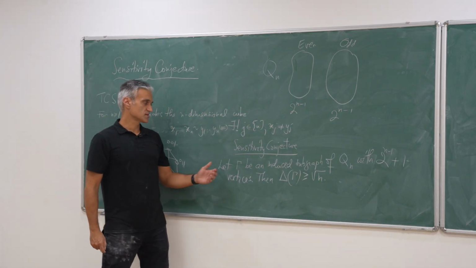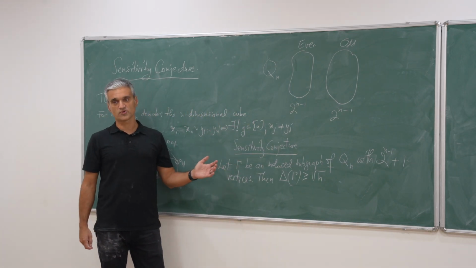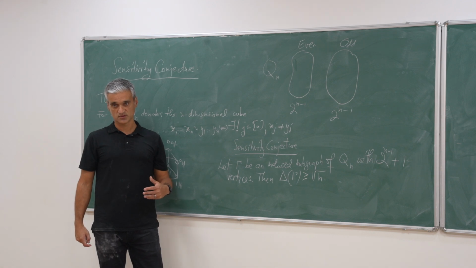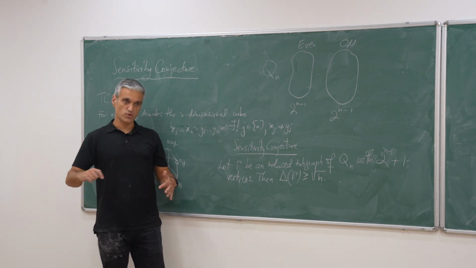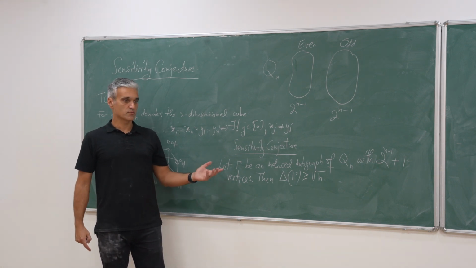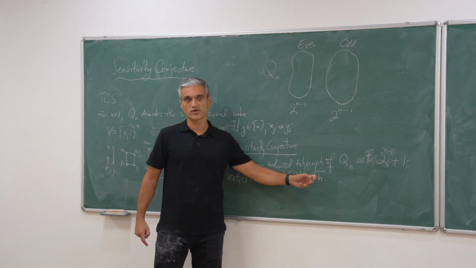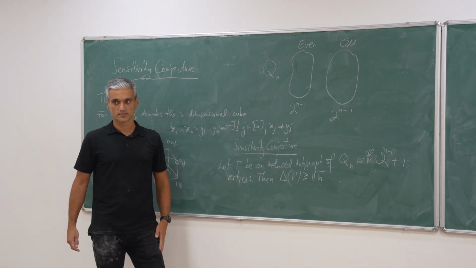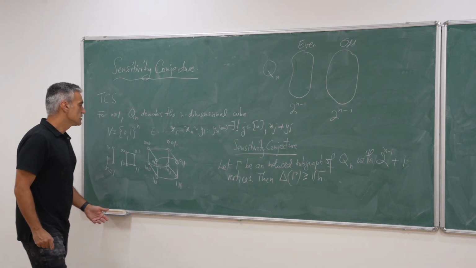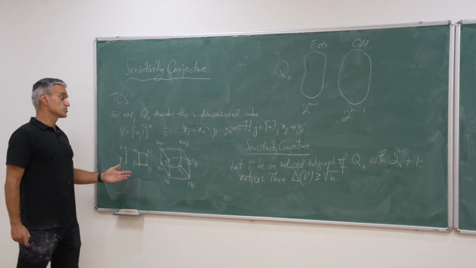So what this says is, if you take more than half of the vertices in the graph, you're guaranteed that among those vertices, one of them will be adjacent to at least square root of n of the others. For small values, maybe that's not going to impress you that much.